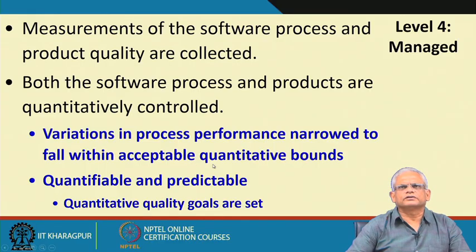That is, let us say during inspection 50% of the bugs must get detected and should not go to the testing stage, then more or less all projects the same thing happens. That is, all projects do the inspection rigorously. Here quantitative quality goals are set, and therefore, the quality is quantifiable and predictable.